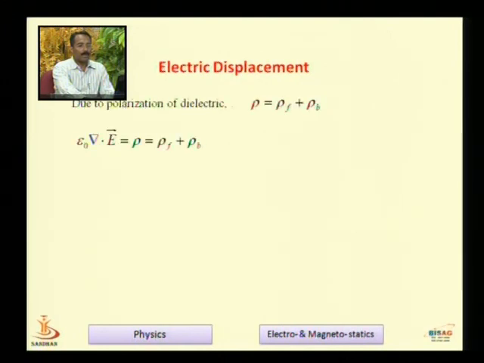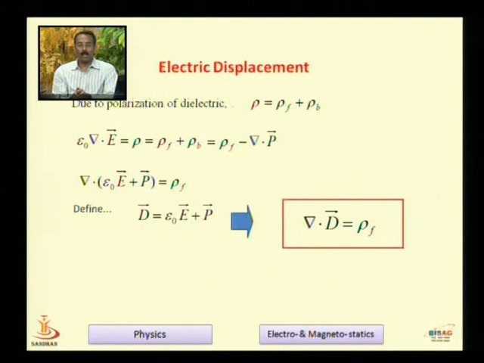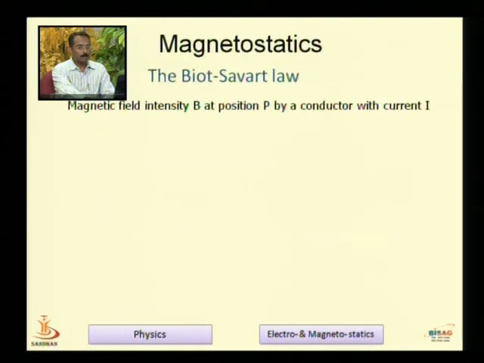This is about electric displacement that we have already seen, that D is electric displacement. So when you consider dielectric material, you can write down Gauss's law as divergence of D is equal to rho F. So this is about electric displacement.